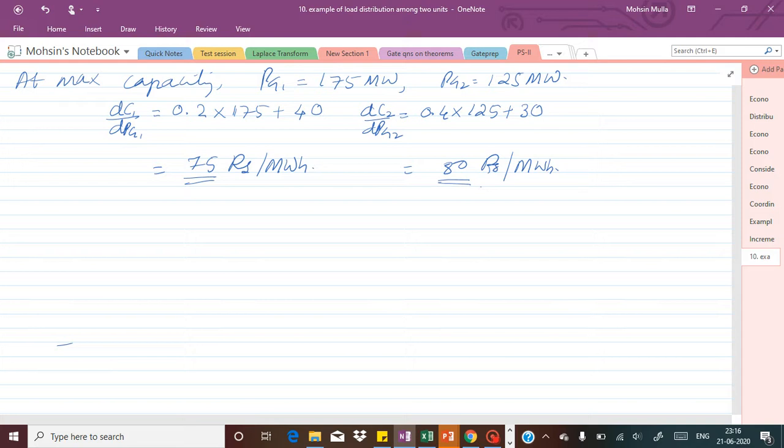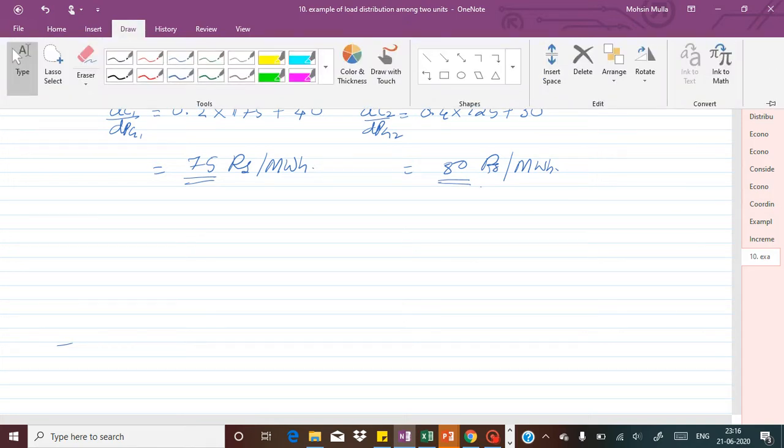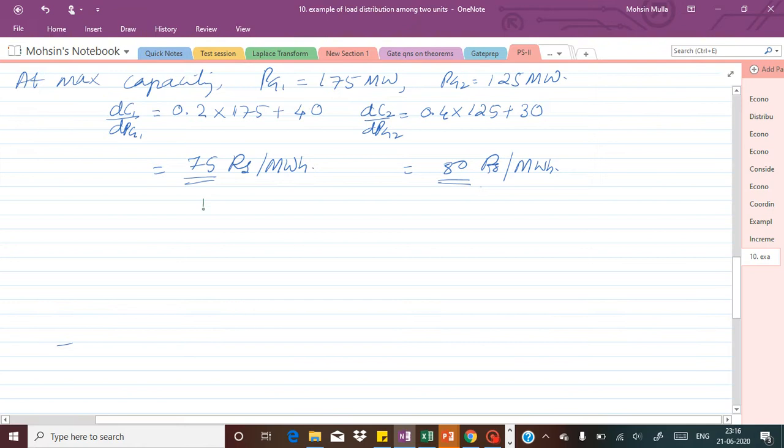So to understand what is happening here, let us try to show these values with the help of a curve. The two curves of the two plants, since we have got the values. For generator 1, minimum capacity is 20 megawatt.